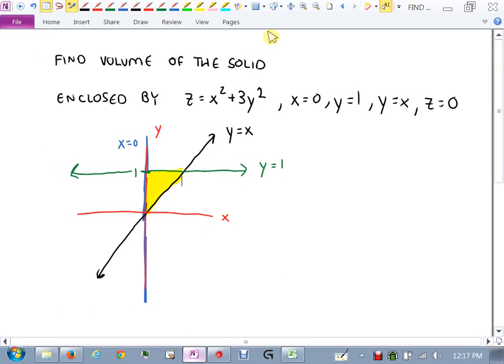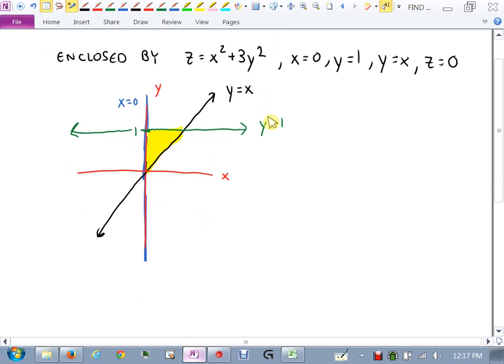All right. So what type region do you want to go with here? Type 1? Sure. Here to here? So I can start setting up my double integral just by looking. Since it's type 1, I have restrictions on x. What are my restrictions on x here?